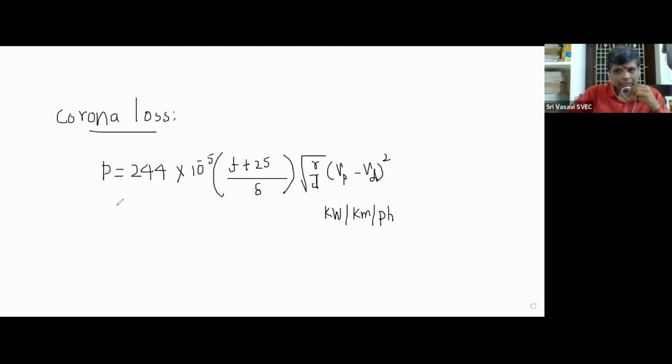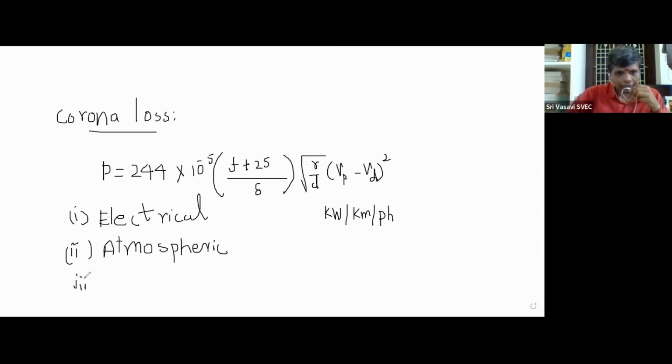The factors affecting the corona loss are, one, electrical factors; second, atmospheric factors; and third, factors related to the size of the conductors.